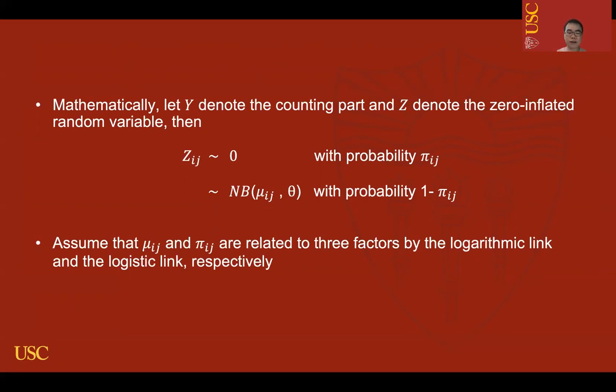And actually πij here can be explained as the probability that the contact between contig i and contig j cannot be observed. Normally, in the generalized linear model, we use the link function to connect the distribution parameters and the potential features. In our model, we assume that μij and πij are related to three factors of explicit biases by the log link and the logistic link, respectively.